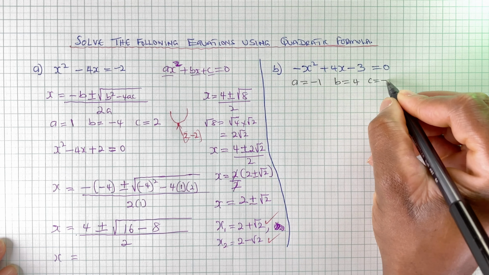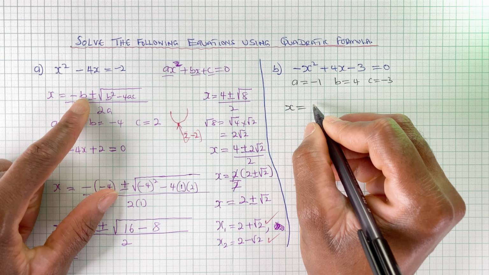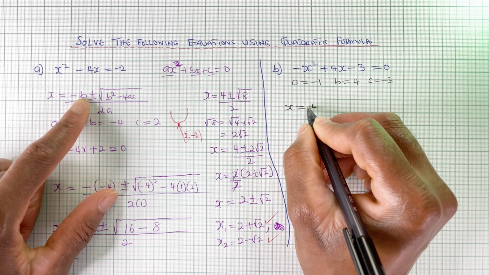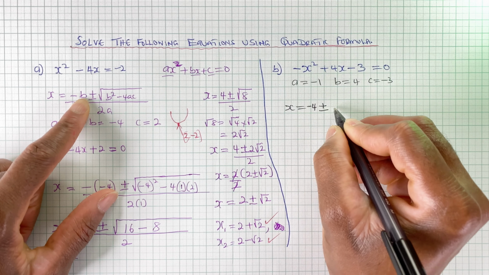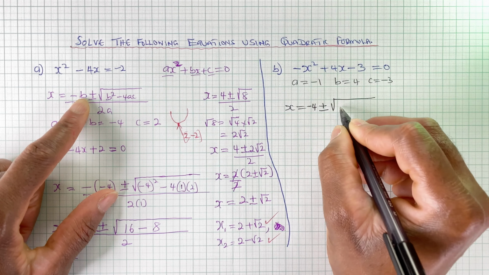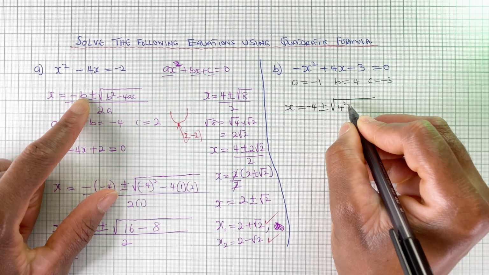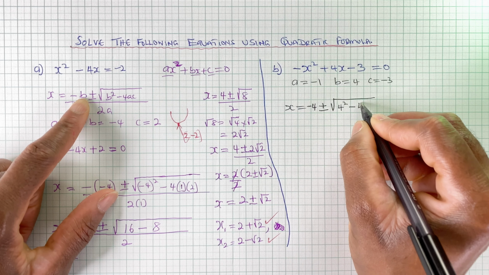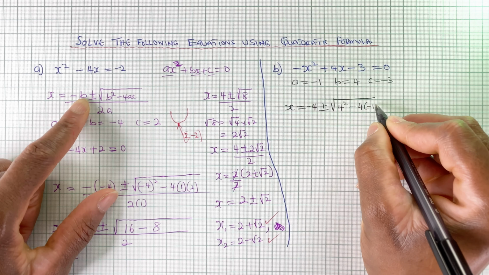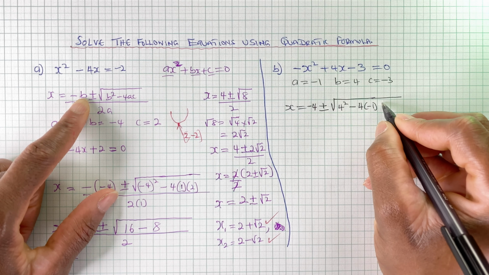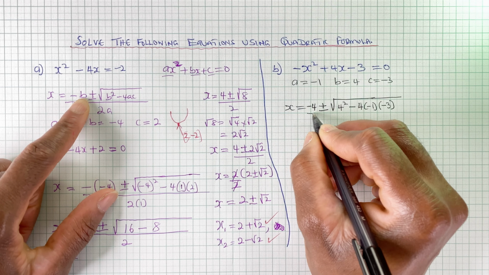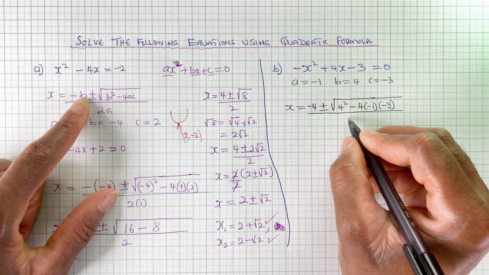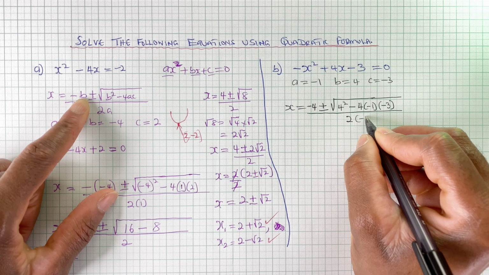So now we need to put it into the formula X equals minus B, so that means minus 4, so that's good, plus or minus square root 4 squared minus 4 into bracket A is minus 1 and C is minus 3, AC, over 2A, 2 times minus 1.